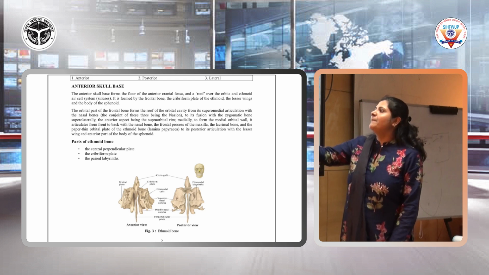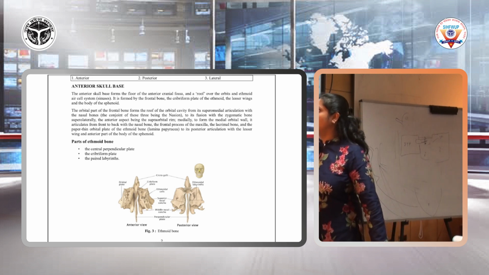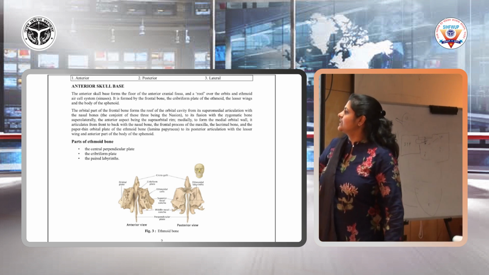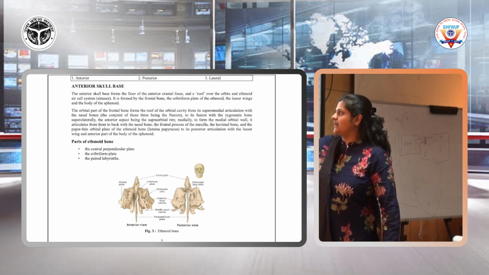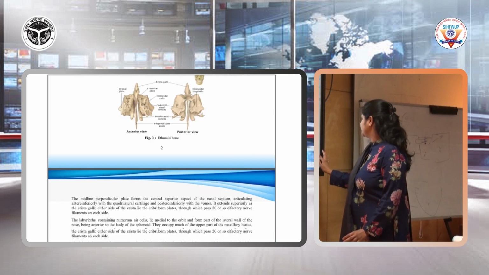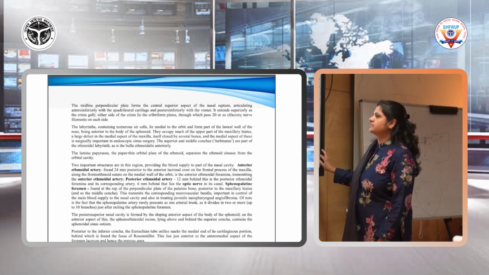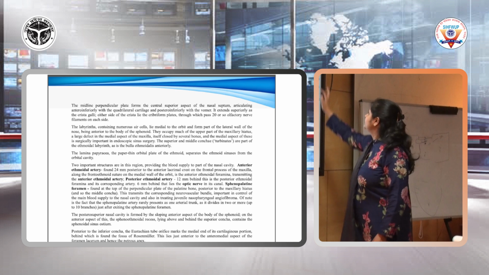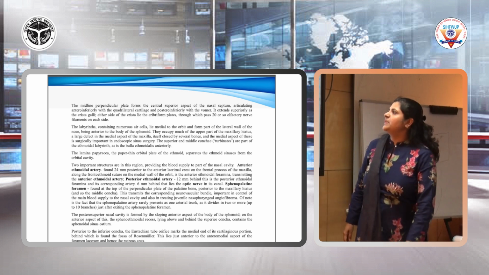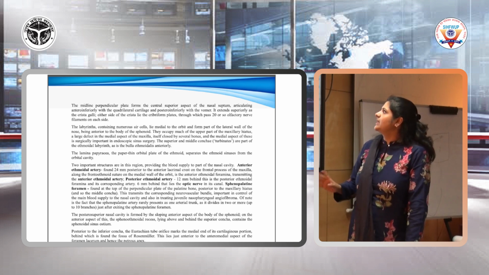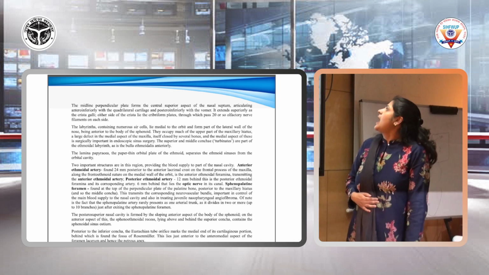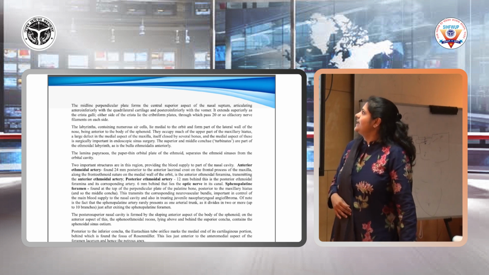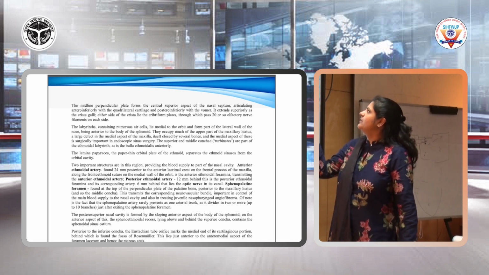Now first the ethmoid bone, the parts of the ethmoid bone. The ethmoid bone is formed by the central perpendicular plate, the cribriform plate, and the paired labyrinths. The midline perpendicular plate forms the central superior part of the nasal septum, articulating with the quadrilateral cartilage and posteriorly articulating with the vomer.